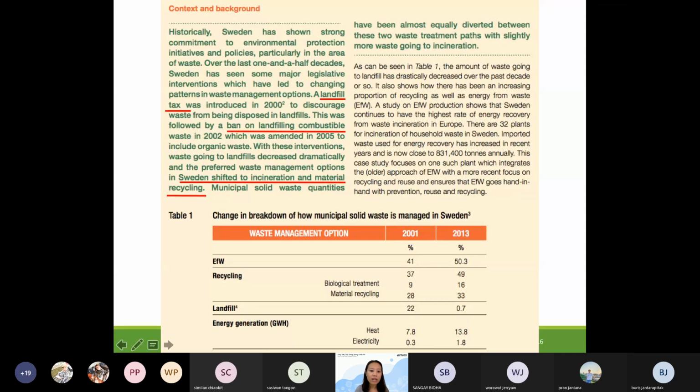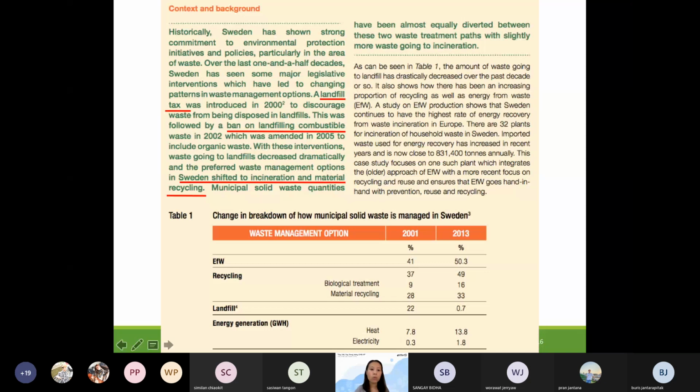It can force down the amount of landfill waste. And after they separated and reduced the amount of landfill waste, they knew the properties of their waste. It is combustible, so they applied waste to energy. You can see waste to energy has nearly doubled, for heat and electricity, for heat from 7.8% to nearly 14%.